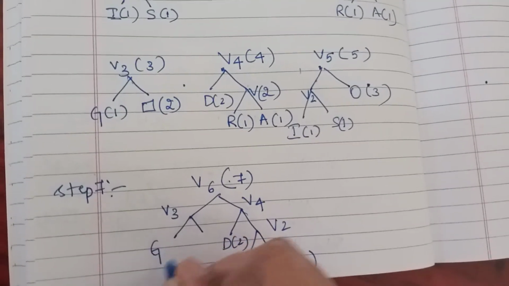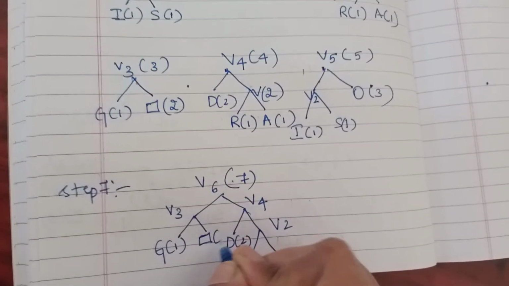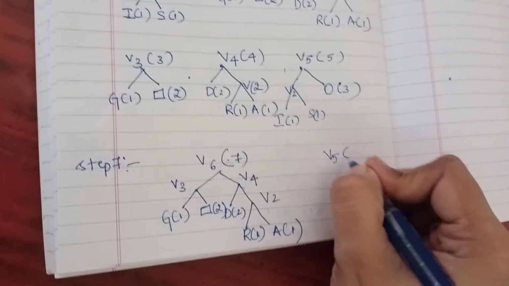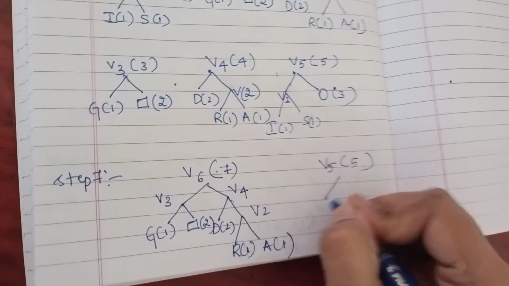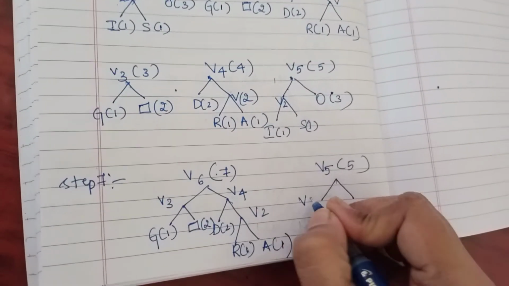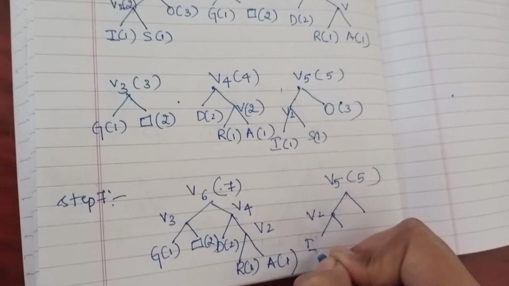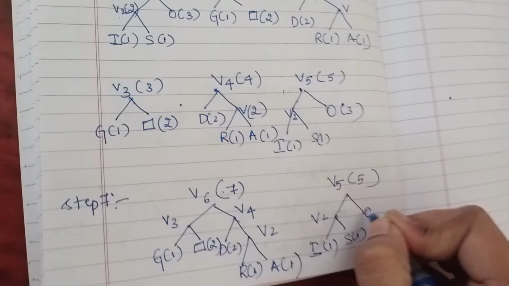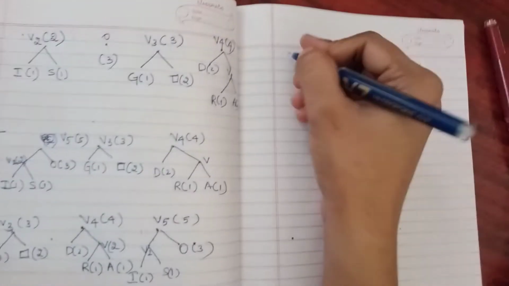So V3 of G of 1, blank space of 2. Okay, next V5 remains as it is. I of 1, S of 1, O of 3. Okay, so now it is not in an ascending order, so arrange them in an ascending order.